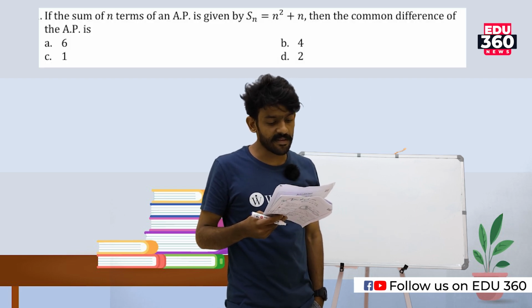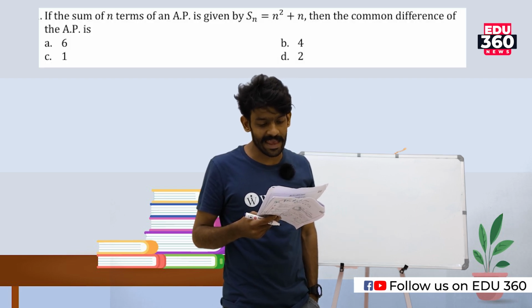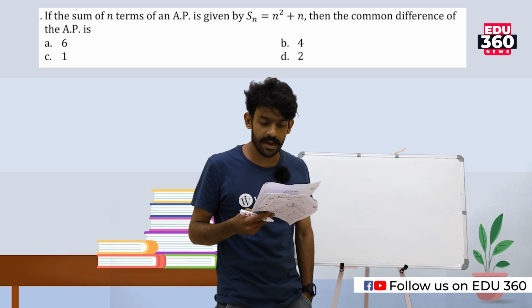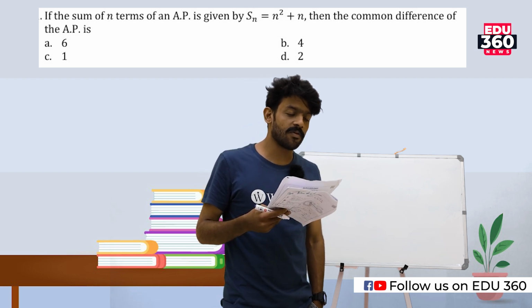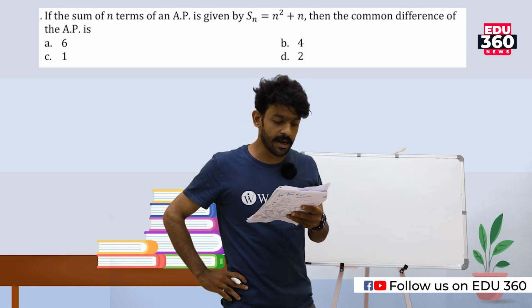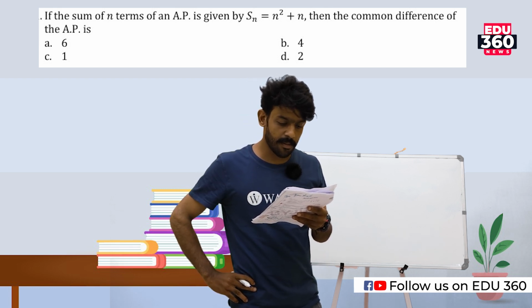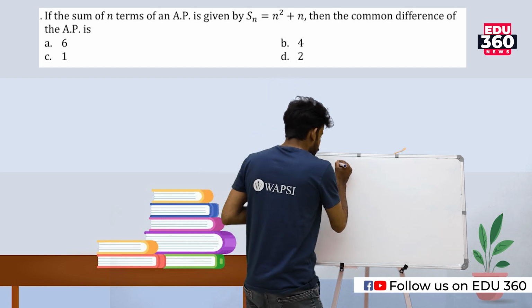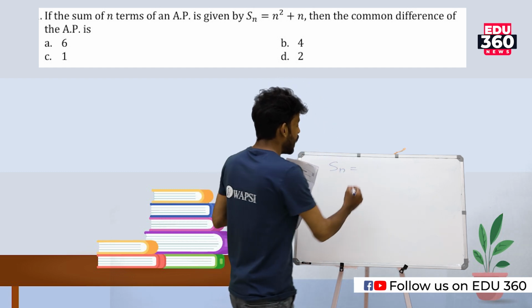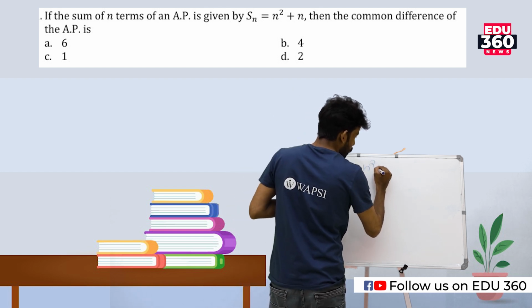It's given that the sum of n terms of an AP is given by Sn is equal to n square plus n, then the common difference of the AP is, okay, it's given the sum of n terms of an AP, Sn, is given by Sn is equal to n square plus n.